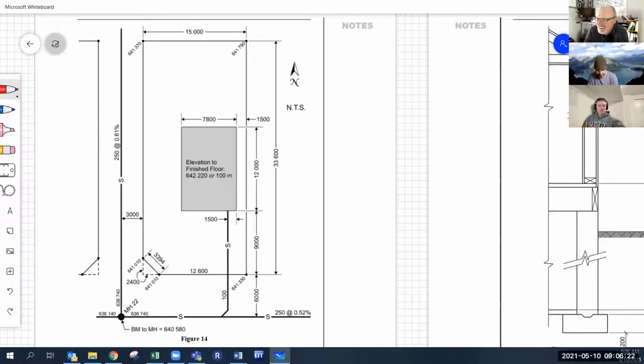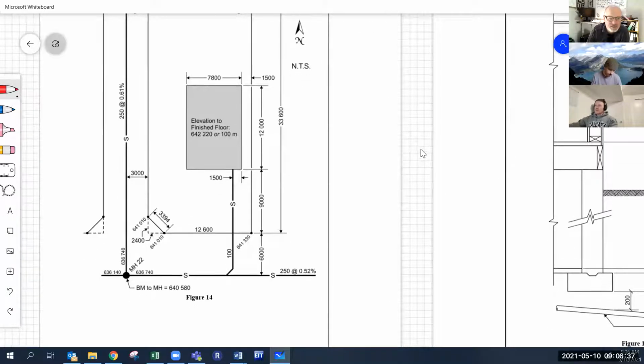What is the distance between the sewer main and the house? Okay, so this picture right in here, here's the sewer main right here. This is the sewer main. So I want to know from the house to the sewer main, what is that distance there? 15,000 millimeters. That's right. 15 meters is what David said.